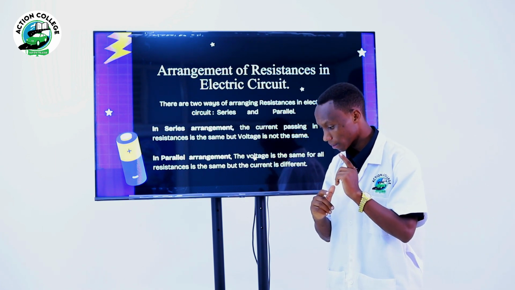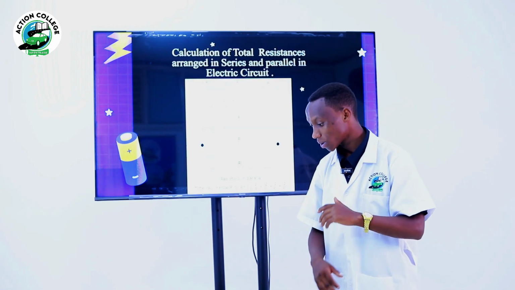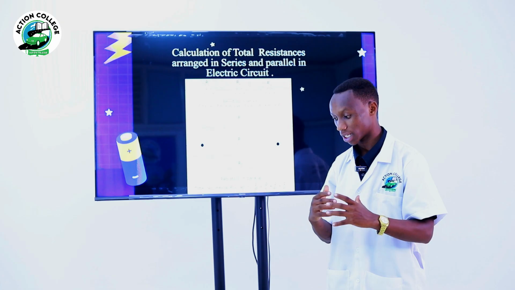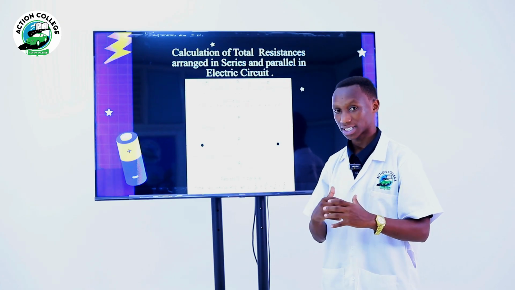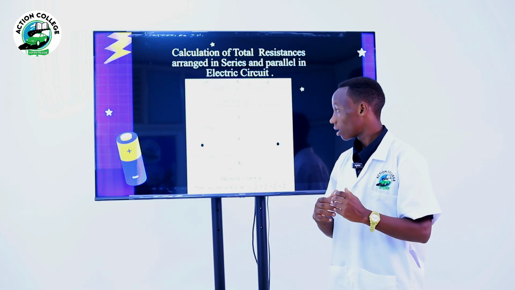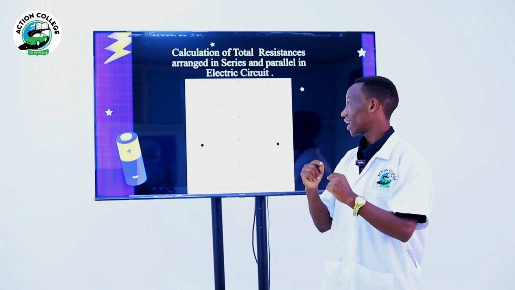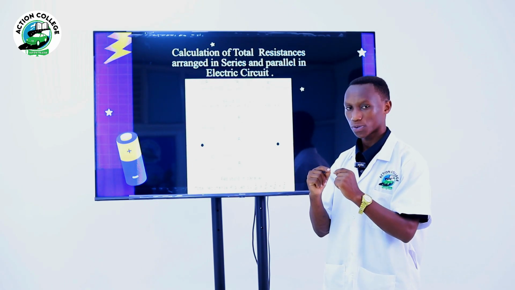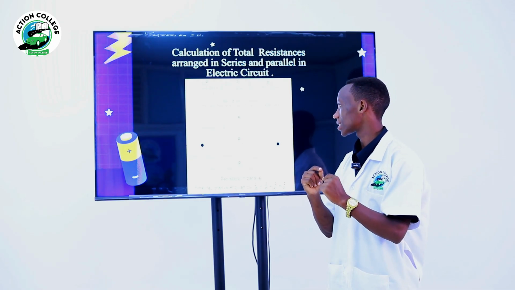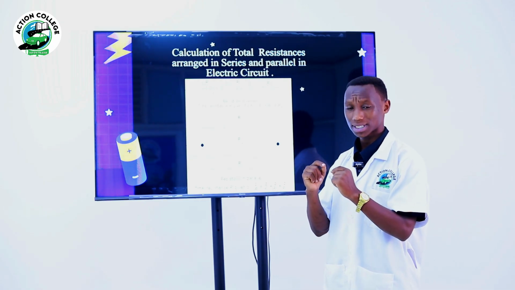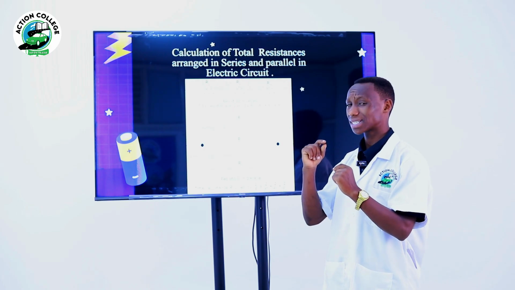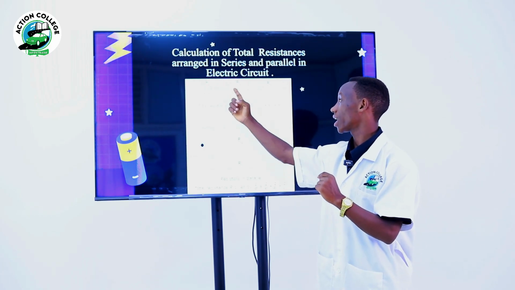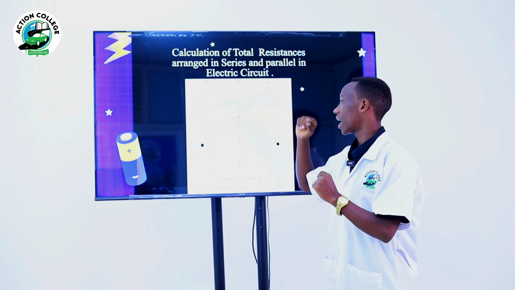Are we together? How do we calculate the summation of resistance in a series electric circuit? If the resistors are arranged in series and we are asked to find the total resistance, the total resistance will be equal to the summation of all resistances. For example, R total equals R1 plus R2 plus R3.